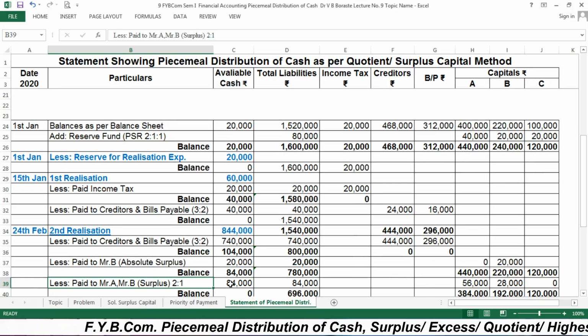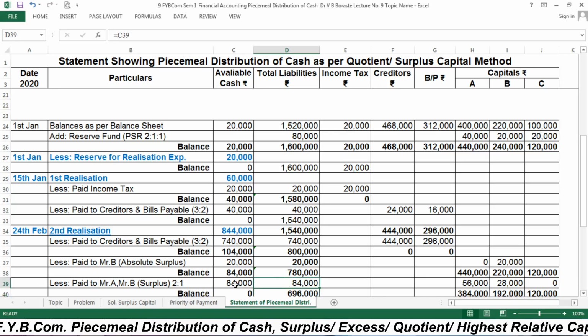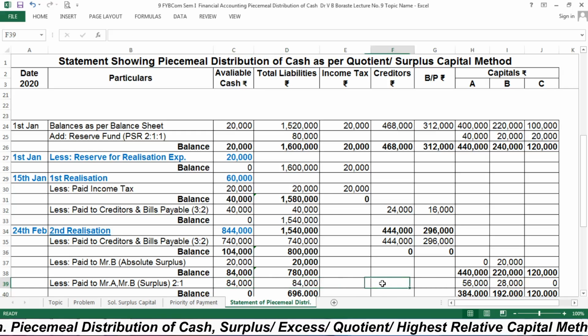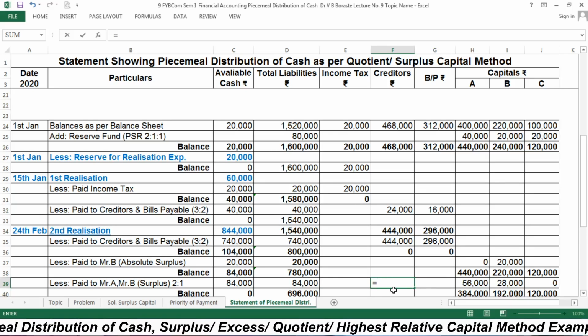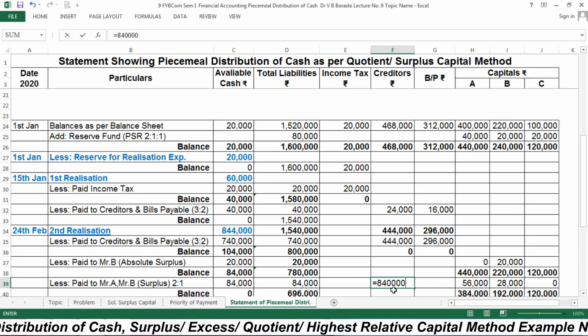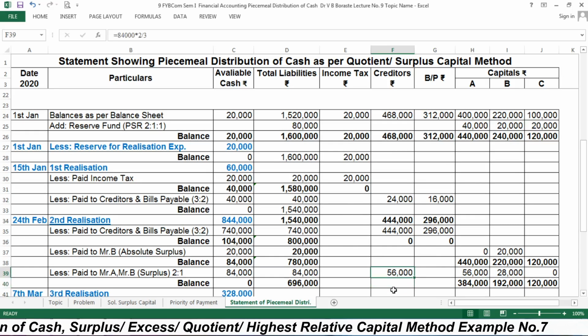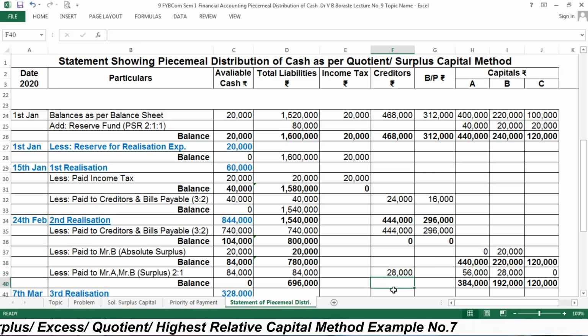So total cash will be reduced by 84,000 and total liability will be reduced by 84,000. We have to distribute this amount among A and B, that is 84,000 into 2 divided by 3. So this is 56,000, the amount of Mr. A, and Mr. B will receive 28,000.